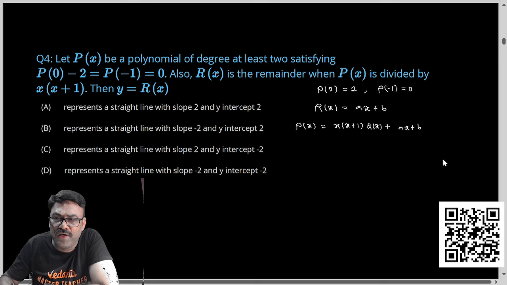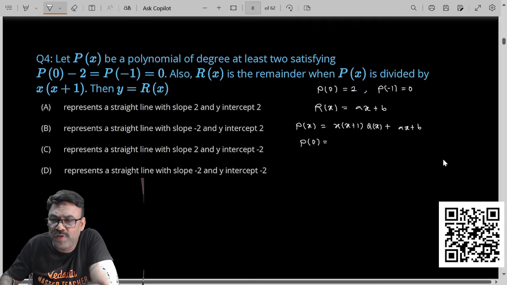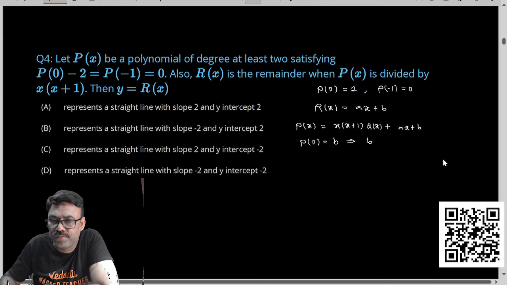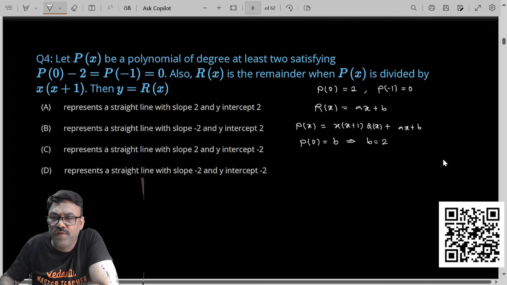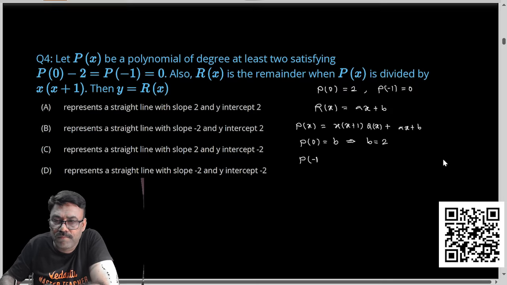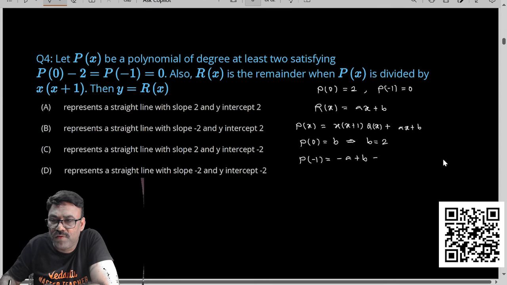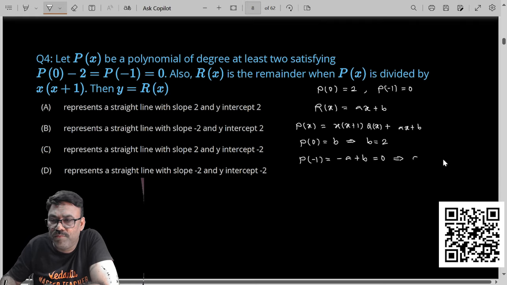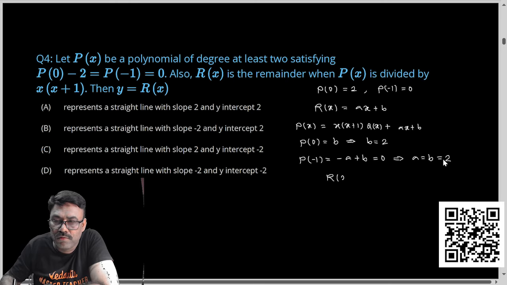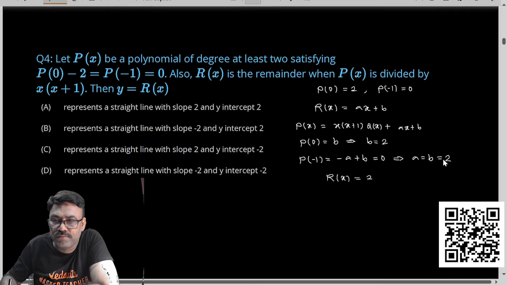If I put x is equal to 0, P0 will be b, and P0 is given as 2, so b is 2. Now if I put x is equal to minus 1, P of minus 1 will be minus a plus b and it is given 0. So a and b are both 2. Hence your remainder is 2x plus 2.